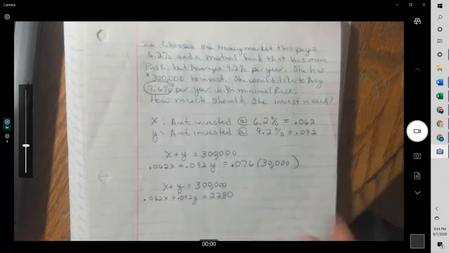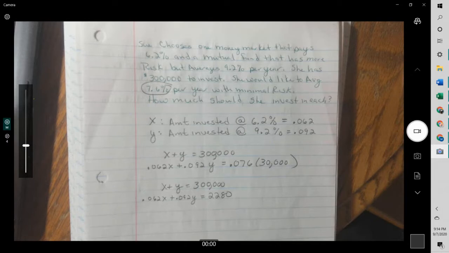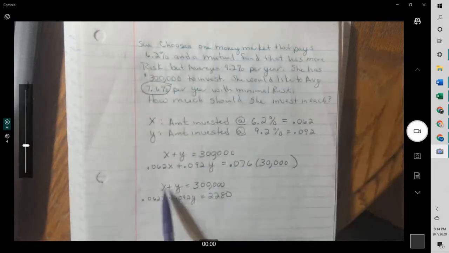Now to solve it, it depends if you want to use elimination or substitution. If you're going to use substitution, you would solve one of these for x or y and then plug them in.